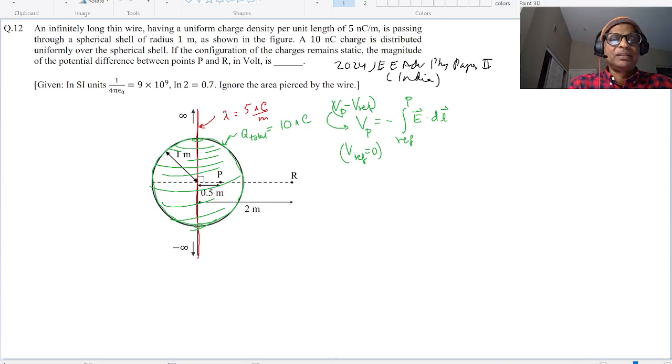So let's do it for this infinitely long wire, if you want the electric field over here. With lambda here, this is cylindrical symmetry, so you do flux through this area. The electric field is that way.